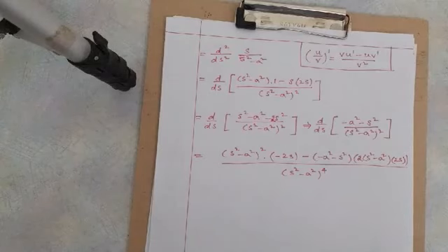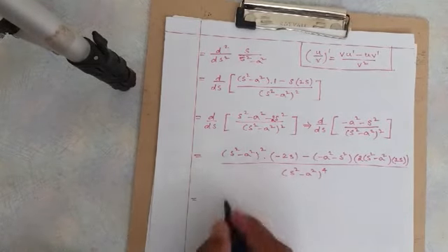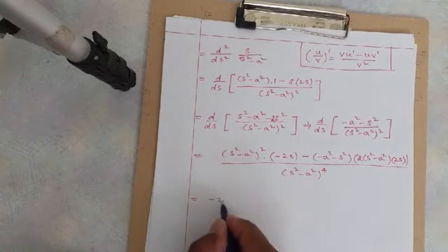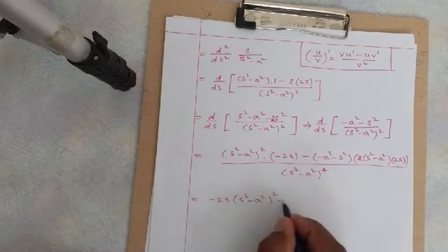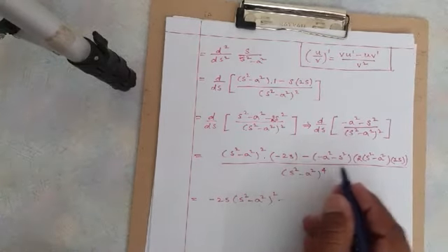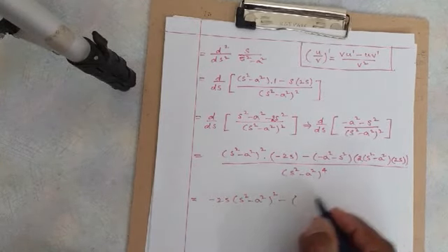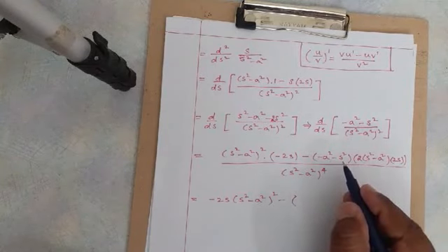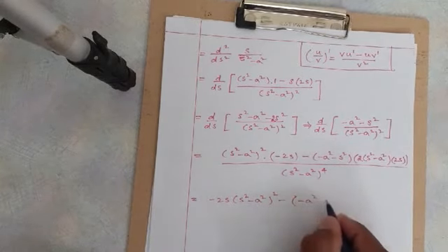So after that, just multiply this, if it is possible. So you write this as minus 2s into s square minus a square whole square minus, now let us simplify the inner function. You can see minus a square minus s square. Let us simplify this one, minus a square minus s square.